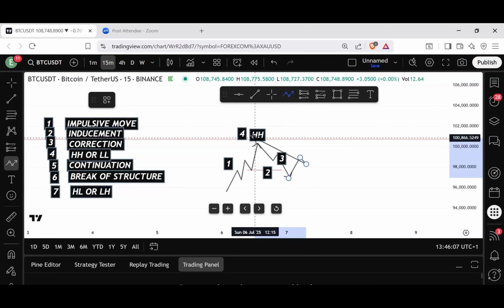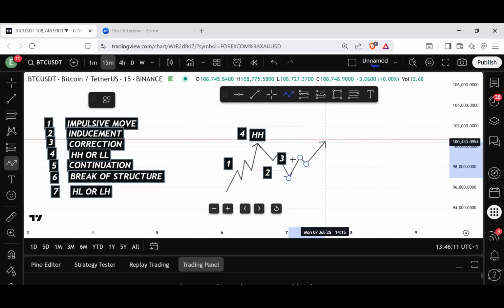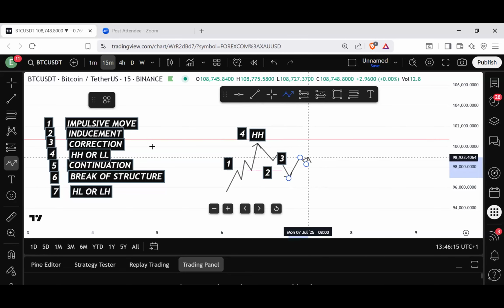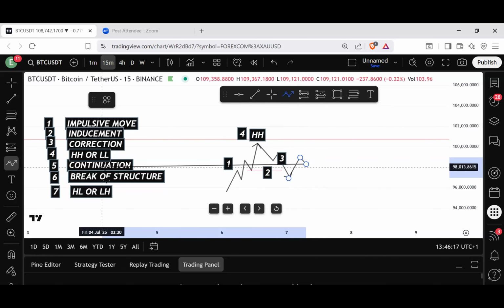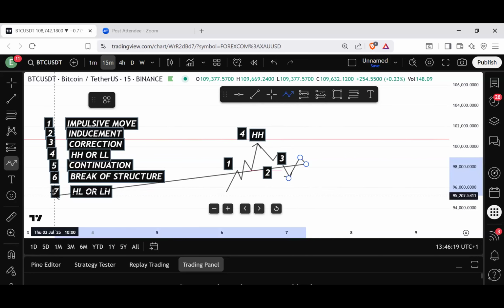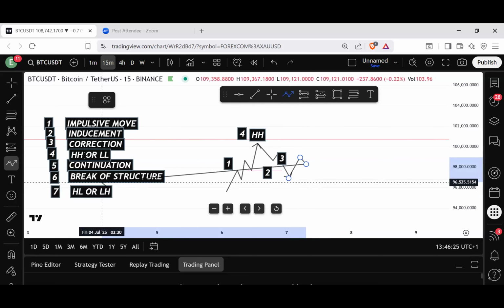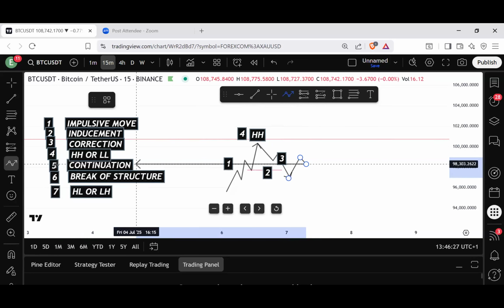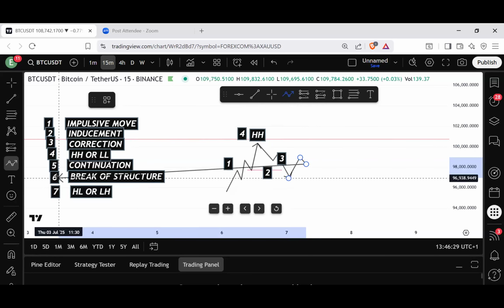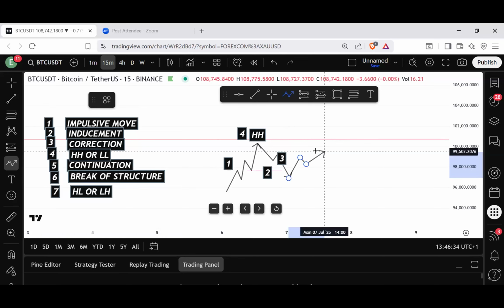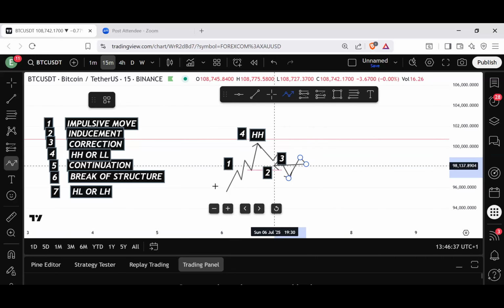In this scenario also, the end of the correction we can consider as low. This is only higher high or the lower low in both cases. Okay, fine, thanks.